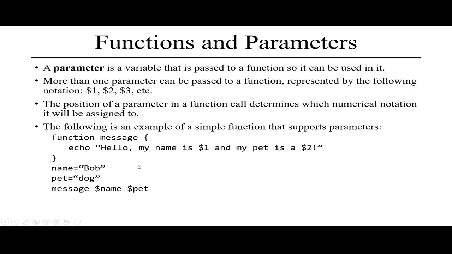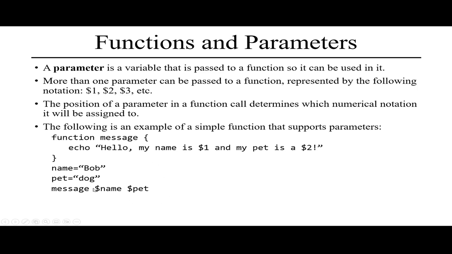And I have another example here that actually says this. So we have a function that's going to print out, hello, my name is this, and my pet is a what, or is it this? So we run the function by specifying the person's name first, and then the type of pet the person has. So we have 2 variables. We have name equals Bob and pet equals dog. So we type the message function, which is what we call the function.